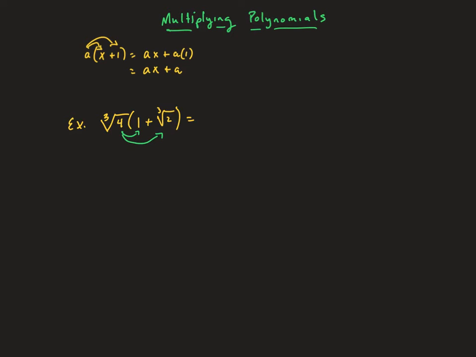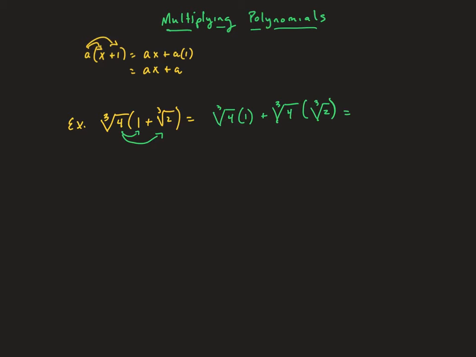So I end up with the cubed root of 4 times 1 plus the cubed root of 4, not plus, but times the cubed root of 2.